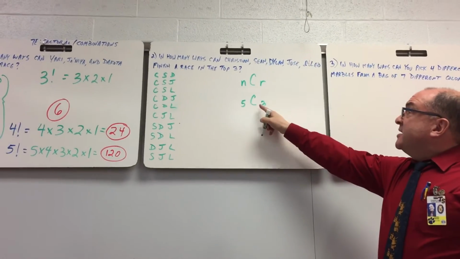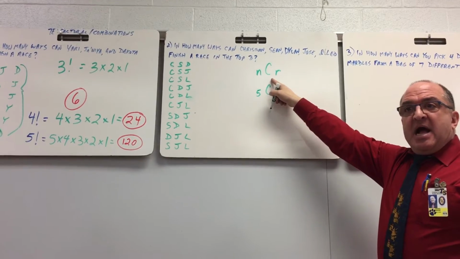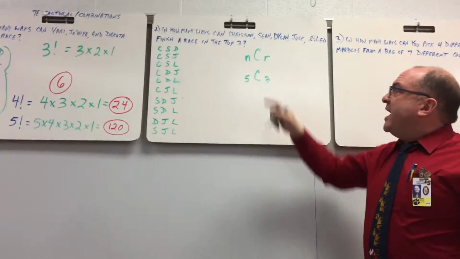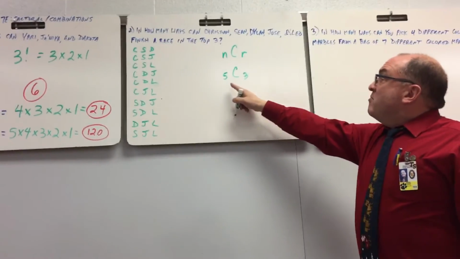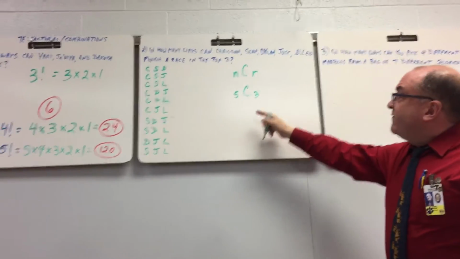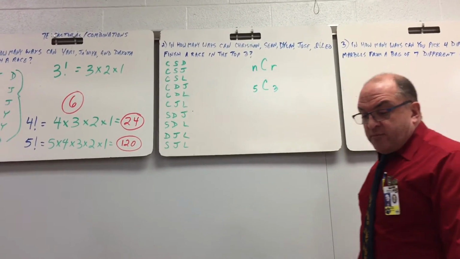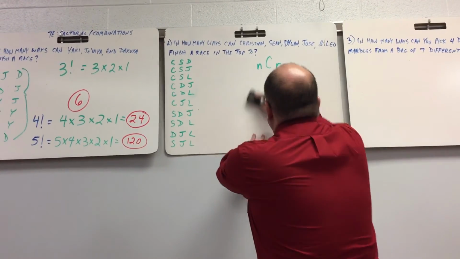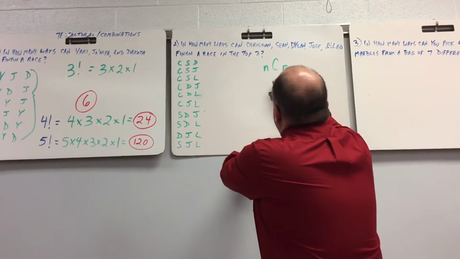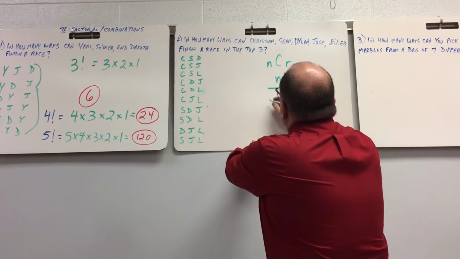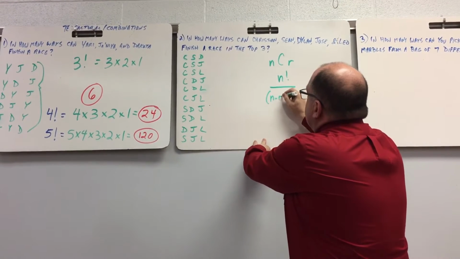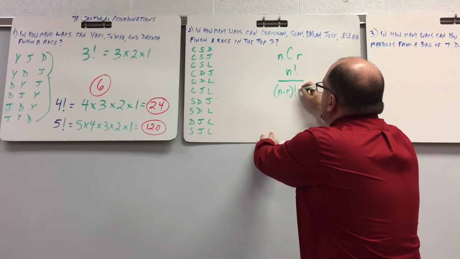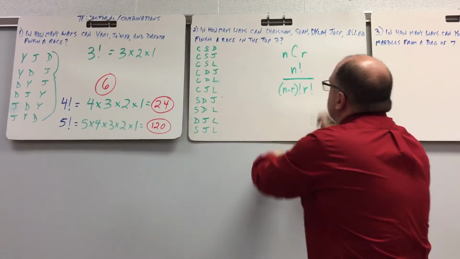Now, many calculators have this key on it, and I will show you how to use that. All right? But here is the formula for nCr. The formula for nCr is, and I'm just going to write, n factorial over n minus r factorial times r factorial.